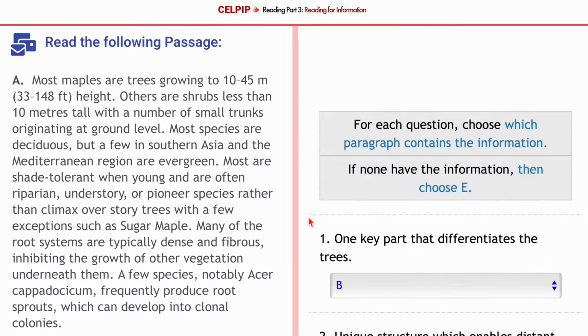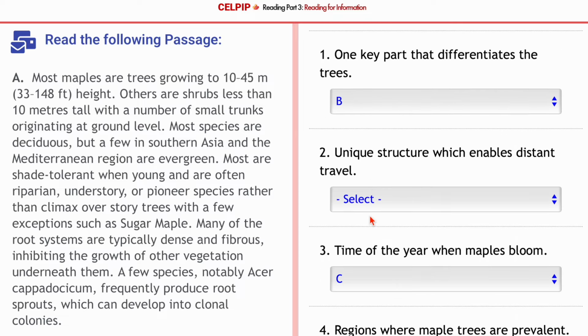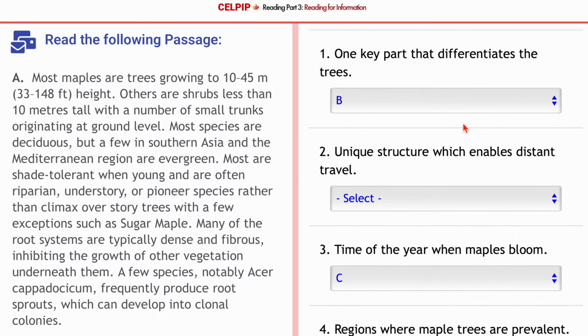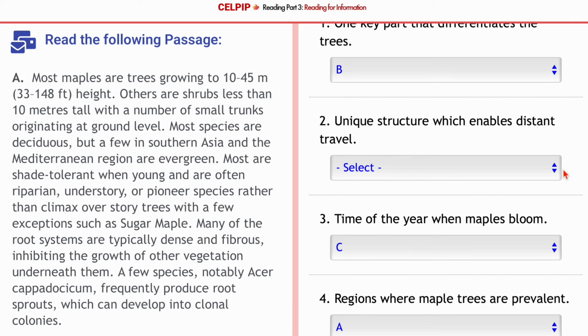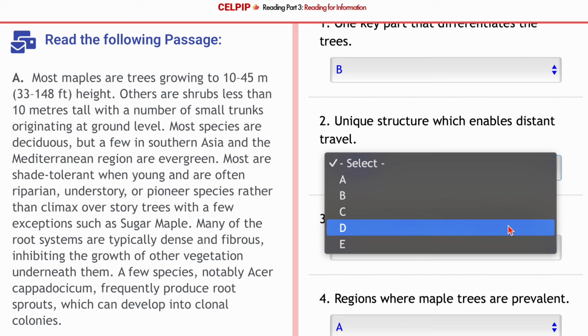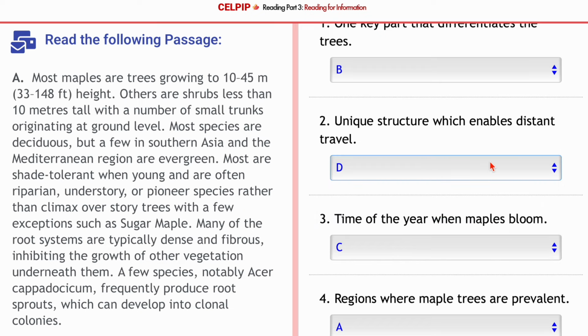So then, let's now decide whether it's D or E. Unique structure which enables distant travel. Distant travel. So is that one D or E? D, right?